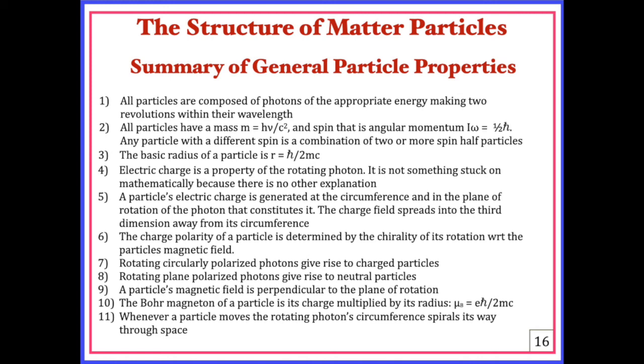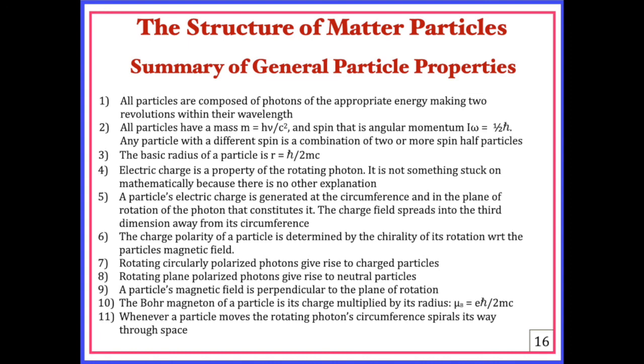Electric charge is a property of the rotating photon. It is not something stuck on mathematically because there's no other explanation. Remove the spin and the charge disappears. A particle's electric field is generated at the circumference of the plane of rotation of the photon that constitutes it.